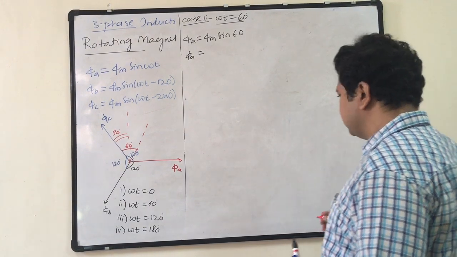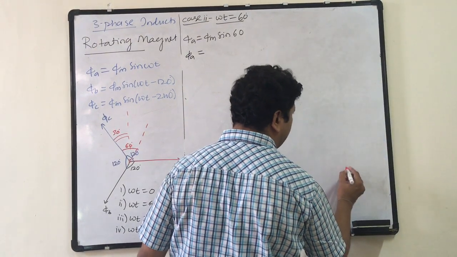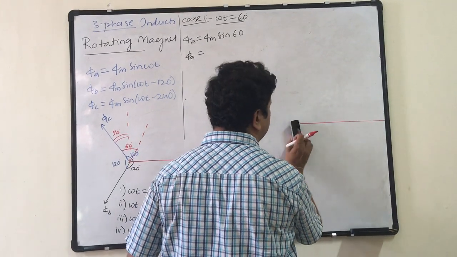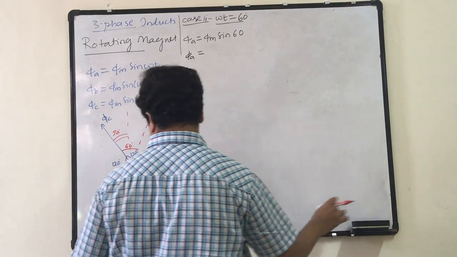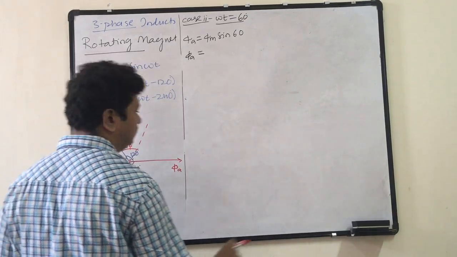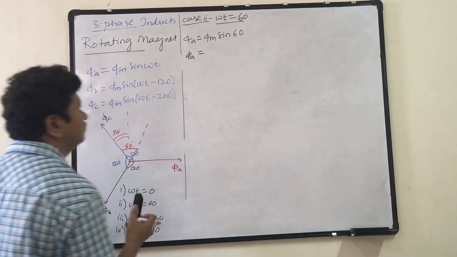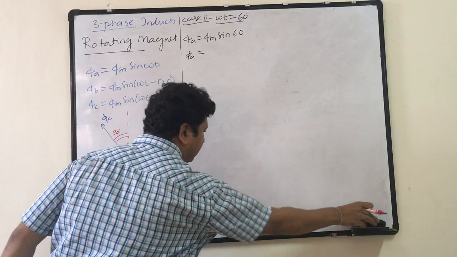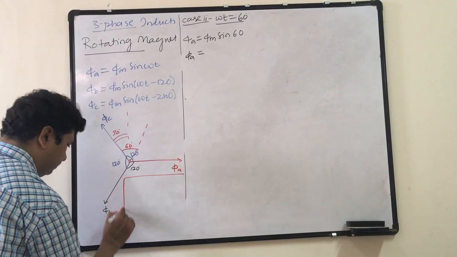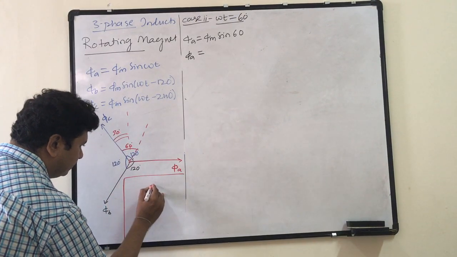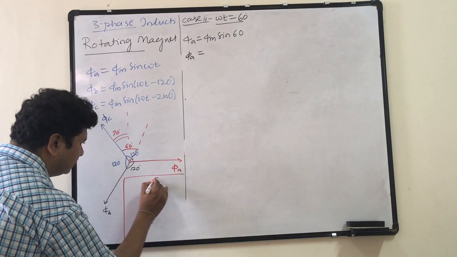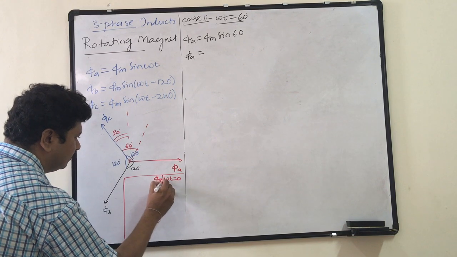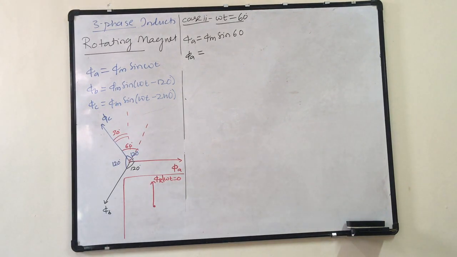So at omega t equal to 0, this is phi r. Phi r at omega t equal to 0.